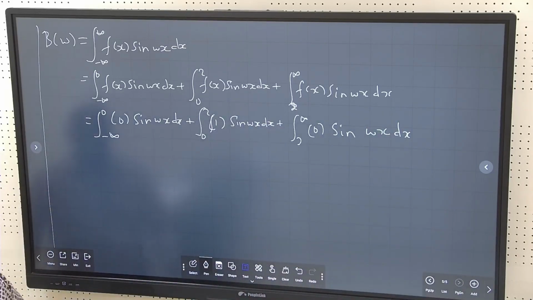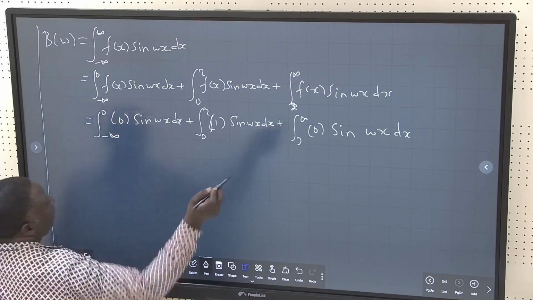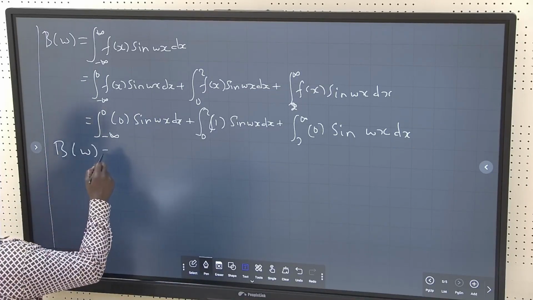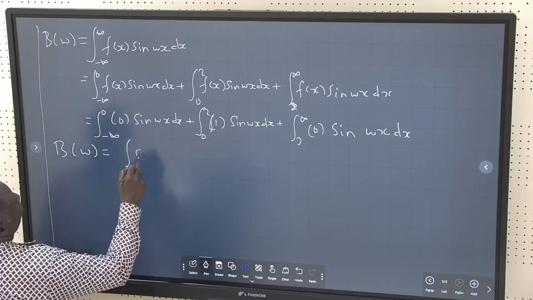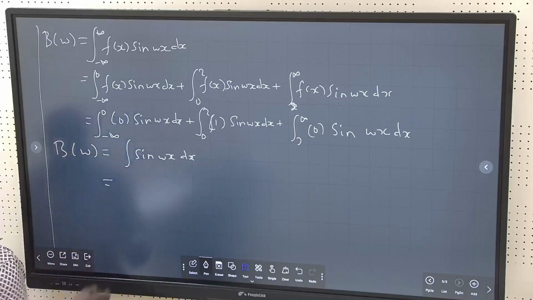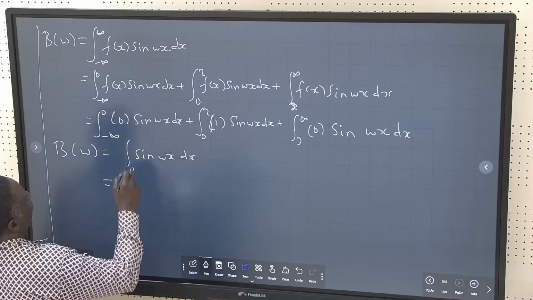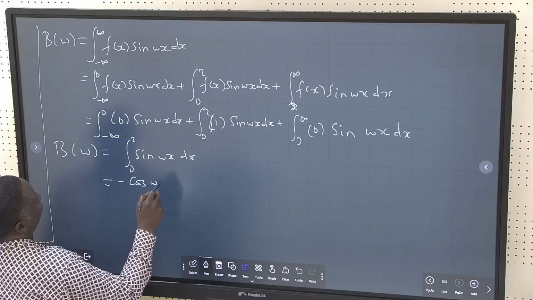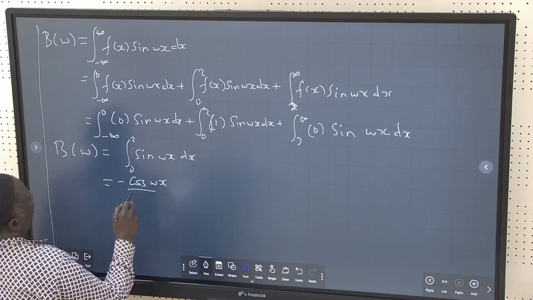Here the first is going to be 0, and the last one is going to be 0. So b omega is the integral of sine omega x with respect to x, from 0 to 2, which gives negative cosine omega x over omega.